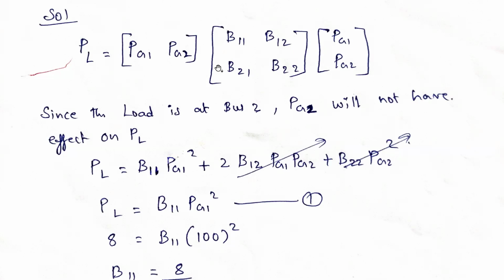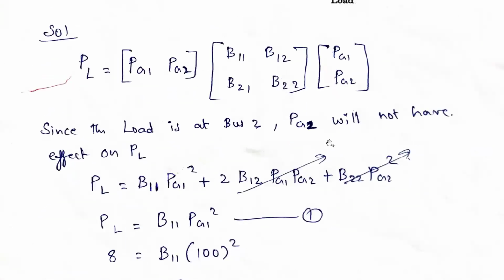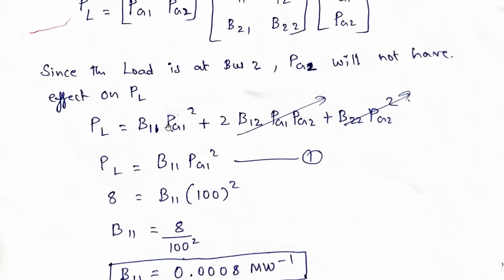Since the load is at bus number 2, we are neglecting PG2, so only PG1 alone we are taking. So PL is equal to B11 PG1 squared. Take this as equation number 1.